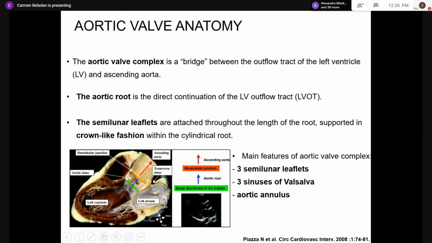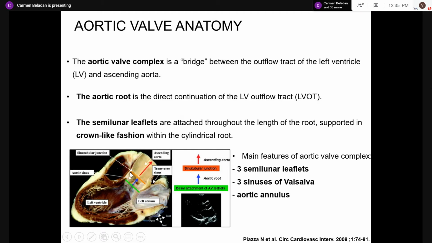Within the aortic root, the semilunar leaflets, and these are the leaflets, are attached throughout the length of the root and supported in a crown-like fashion within the cylindrical root.